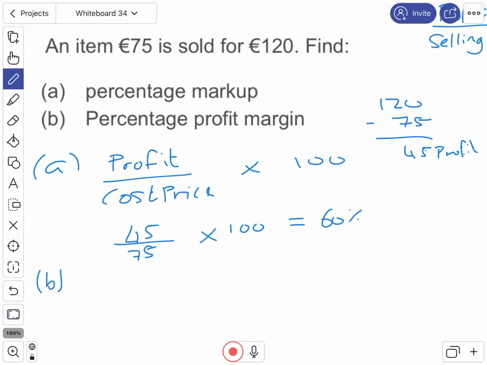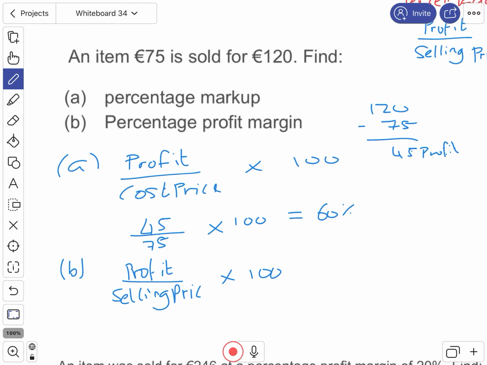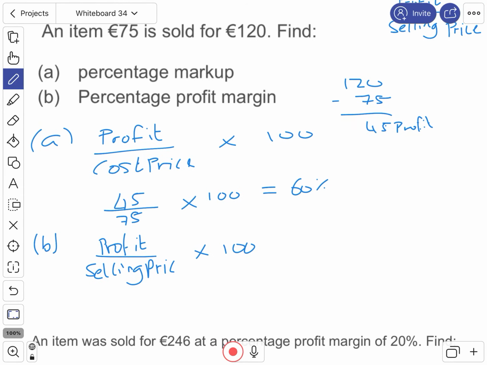For part B of this question then, I'm asked to find the percentage profit margin. So I know for margin what I need is I need profit, and I'm going to put that over selling price, and I'm going to multiply that by 100. Okay, and when I do that, my profit I know from earlier is 45. I know I have sold this item for 120. Multiply that by 100.